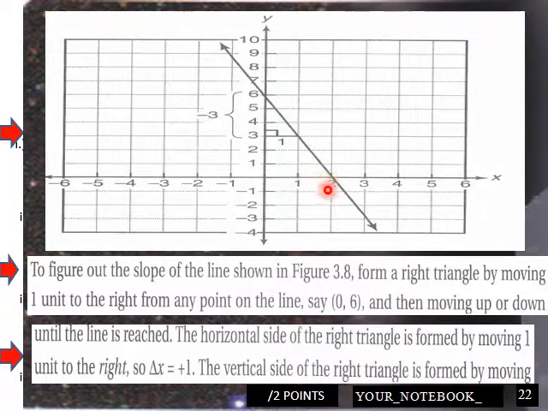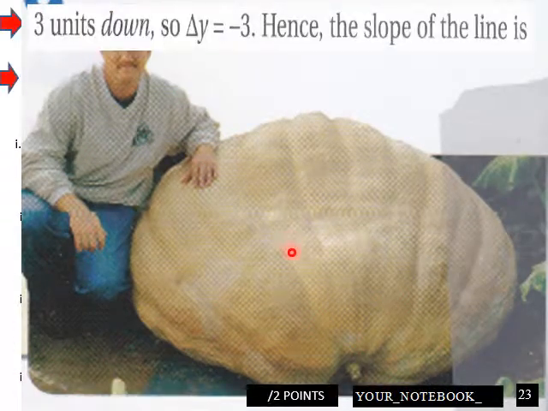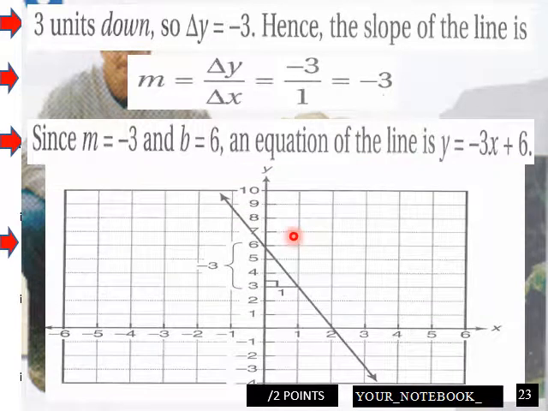The y-intercept is (0, 6), so your b would be 6, so it'll be y equals -3x plus 6. You've got a negative rise, and then you'll have a positive run. Here is your y-intercept.